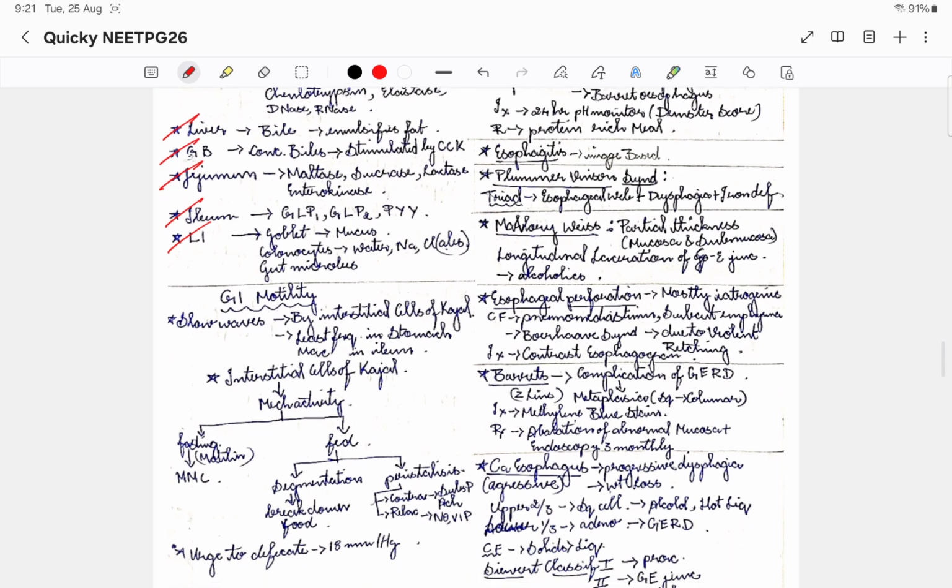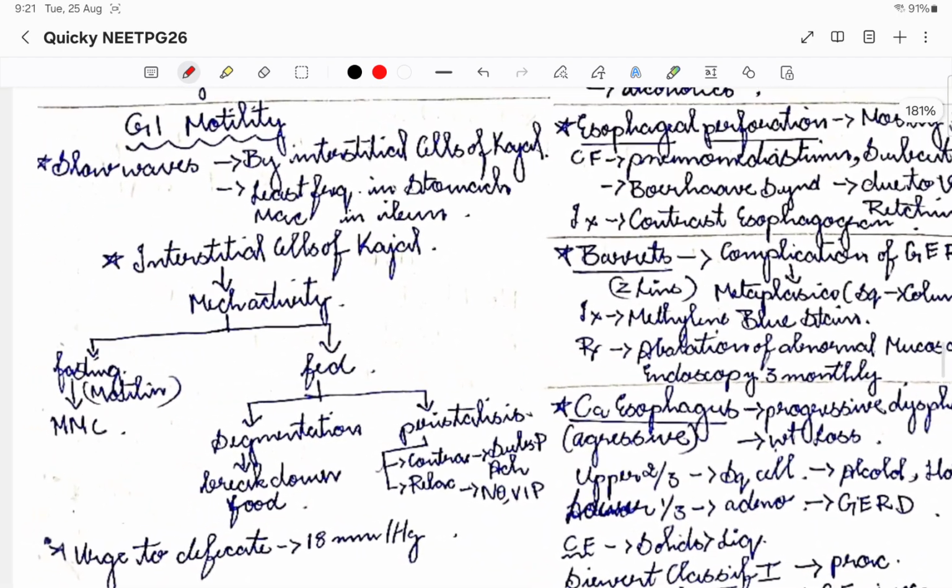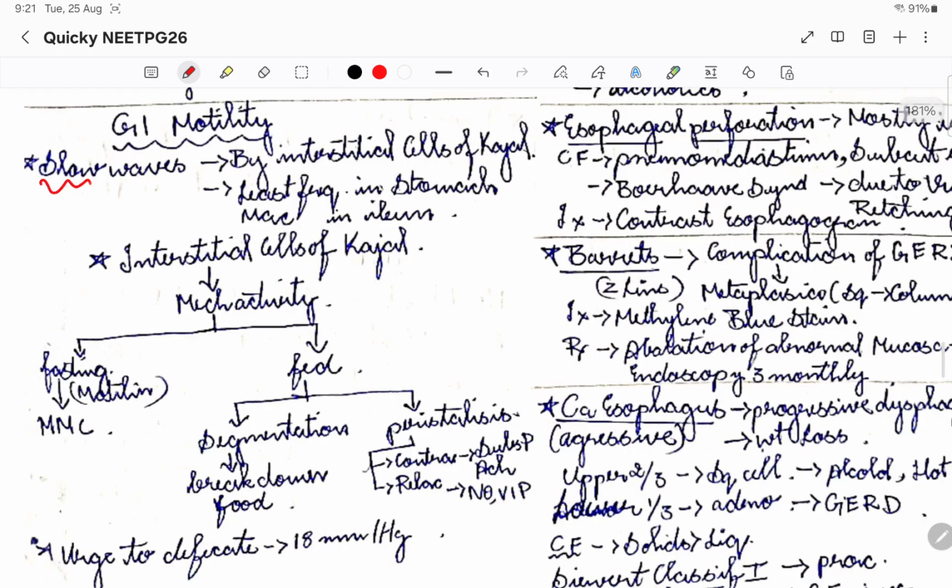Now coming to GI motility. Please remember there are slow waves, which are the GI motility waves, maintained by the interstitial cells of Kajal. This is the pacemaker. Just as the SA node and AV node are the pacemakers in the heart, the interstitial cells of Kajal are the pacemakers of GI motility.